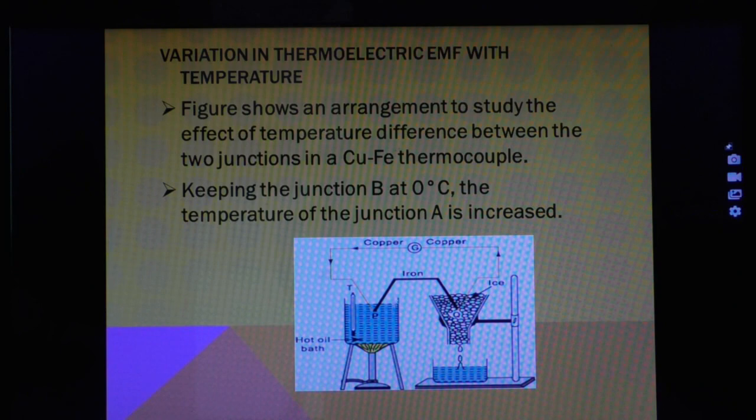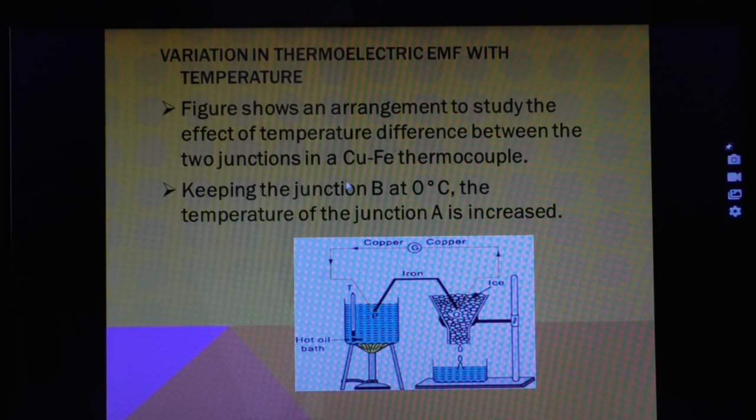So you can see here we have two bodies, one hot and the other cold, and we are taking two different metals, copper and iron. This is the copper wire connected with the hot oil, and this is your second metal, iron, connected with the cold body.